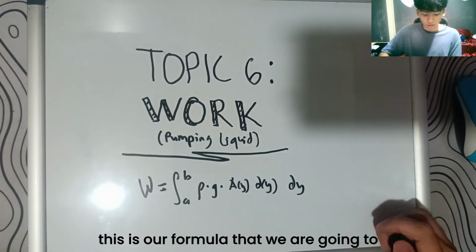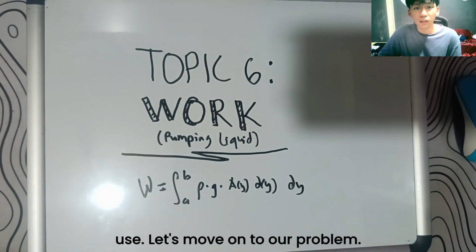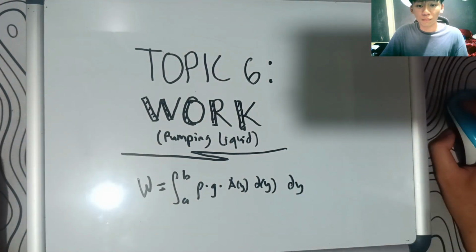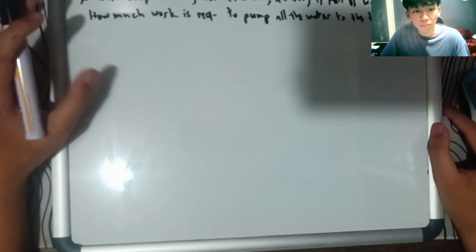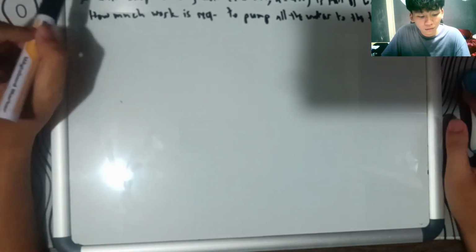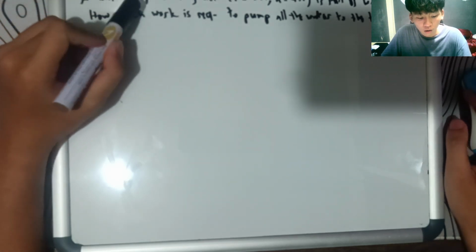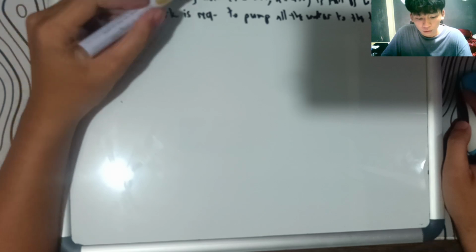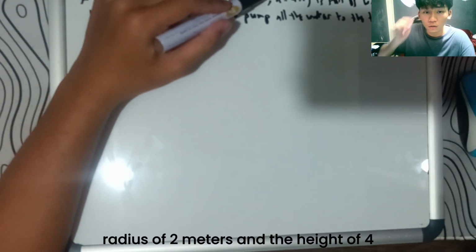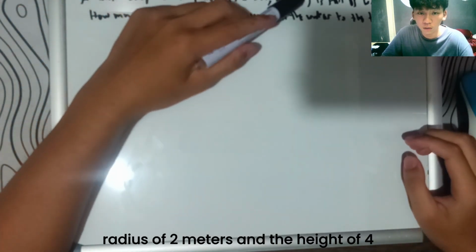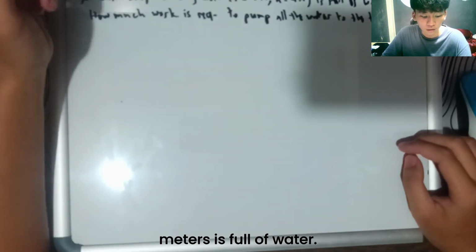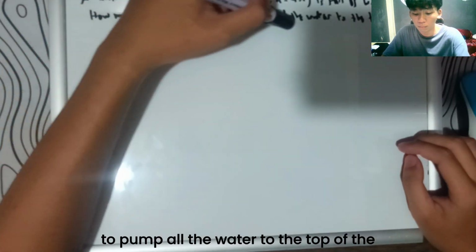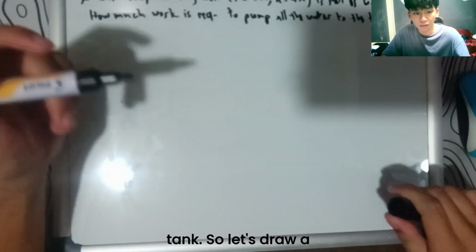So this is our formula that we're going to use. Let's move on to our problem. A tank in the shape of a cylinder with a radius of 2 meters and a height of 4 meters is full of water. How much work is required to pump all the water to the top of the tank?